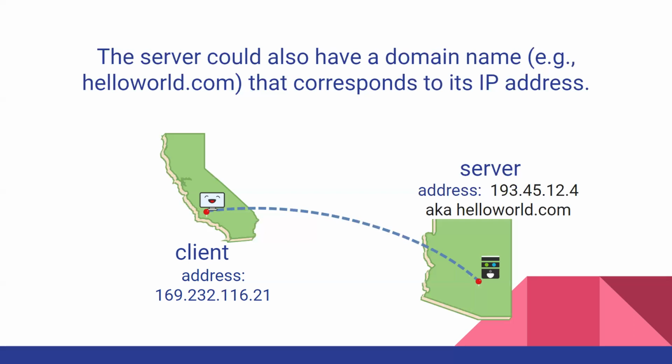The server could also have a domain name that corresponds to its IP address, like google.com, because remembering the number is complex. IP address consists of country code and TCP/IP, many other things. But remembering a simple text is easy.